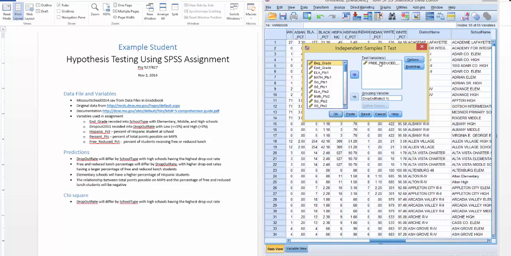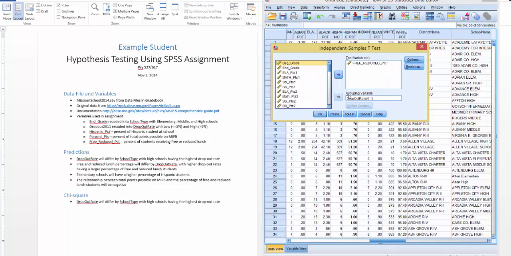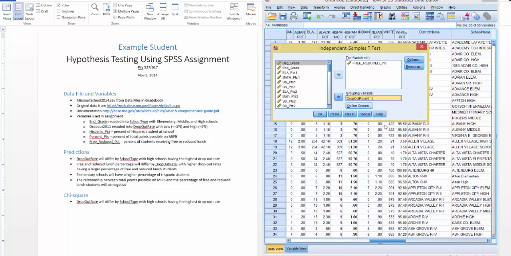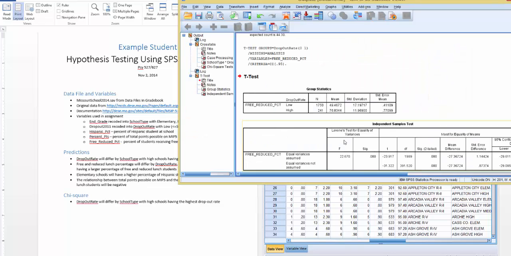Our test variable, our dependent variable, will be free and reduced lunch percentage. Our grouping variable will be dropout rate. And we define the groups as group 1 is 0 and group 2 is 1. Continue. OK.